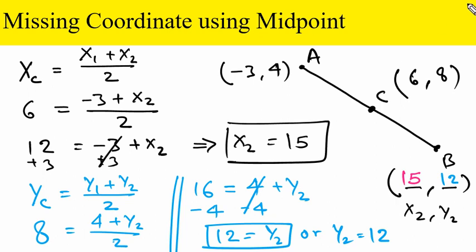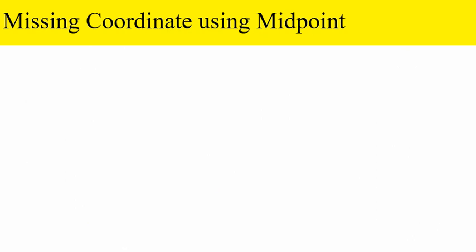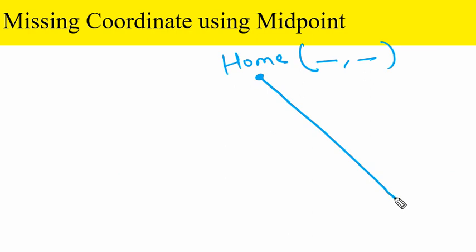All right, that's how you will solve the problems. I'm giving you one question here. Let's say you are at home, and the coordinates here you don't know. You want to go to the school. The school coordinates are, let's say, 4 and -6.